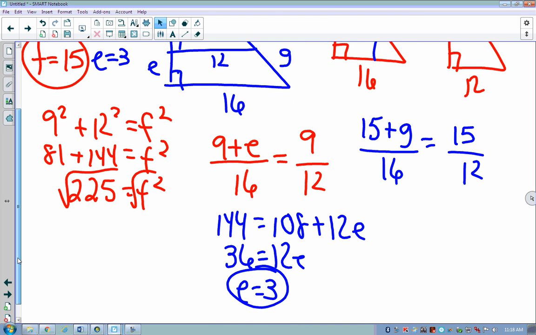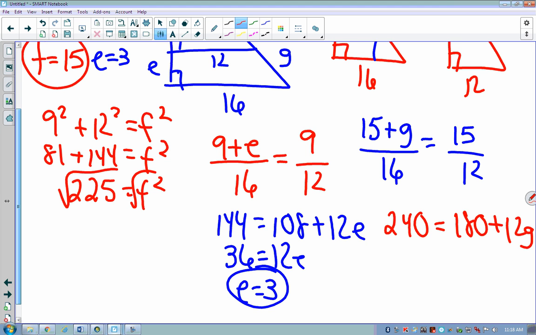What's 15 times 16? 240 equals, and then we have 12 times 15. What's that? 180. Okay, equals 180 plus 12G. Okay, subtract 180 from 240. 60. 60 equals 12G. Divide. G equals 5.